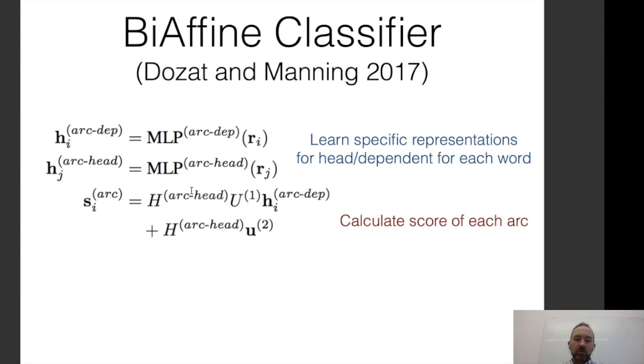The first one is pairwise between the head and the dependent, basically saying how compatible are this head word and dependent word. Another thing is just calculating the likelihood of a word being a head in the first place. For example, in syntactic dependencies, or in semantic dependencies, it's much more likely for content words to be heads than function words. So content words should get a higher score on average, and the second term allows you to do this.